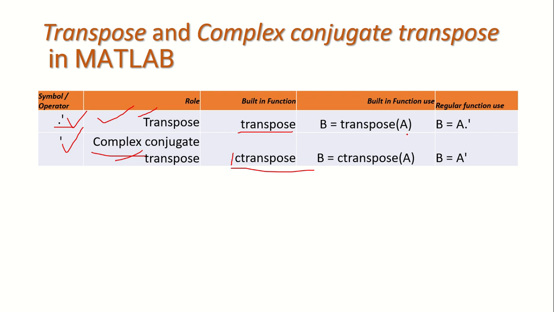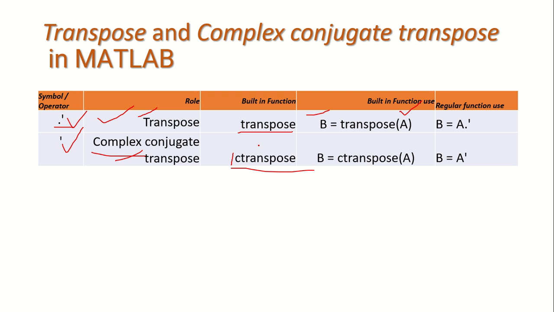And how will we use this? For example, A is a matrix of any size, like 1 by 1, 1 by 2, 2 by 2, 2 by 3, 3 by 2, any size, square matrix or rectangular matrix, whatever the matrix. If you want to find the transpose, this is the simple transpose built-in function, we call it as a syntax.